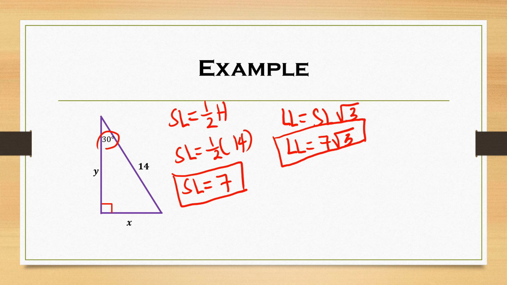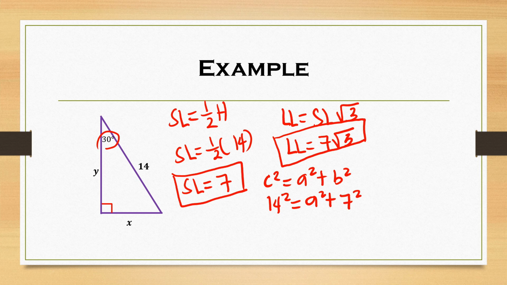Okay? So, we have C squared is equal to A squared plus B squared. So, ang C natin ay 14. So, 14 squared is equal to A squared plus ang B natin, yung shorter leg na 7. So, we have 7 squared.